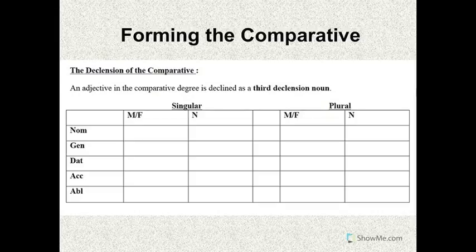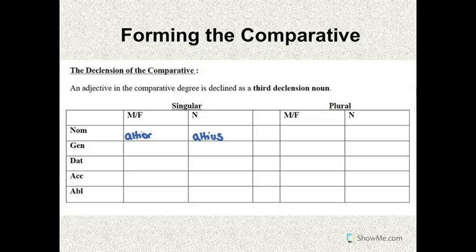Okay, now that you know how to get the nominative forms for the comparative, we need to learn how to decline them, because remember that adjectives agree with their nouns in gender, case, and number. Comparative adjectives are declined like third declension nouns. Let's go ahead and take a closer look. So we'll use altior again for our nominative of the masculine and feminine, and altius for the neuter.